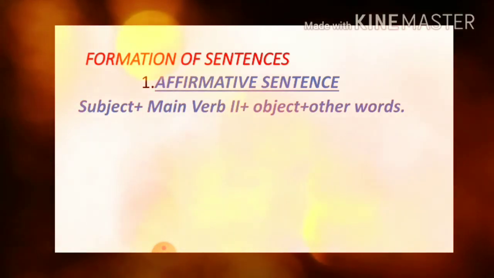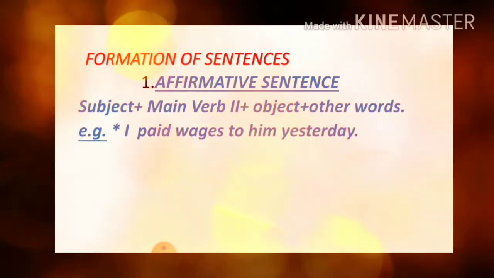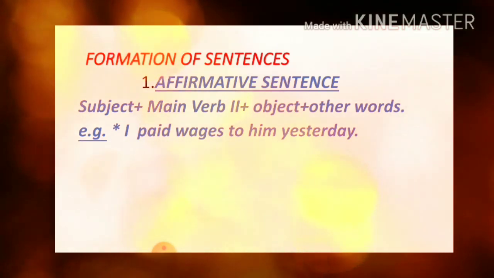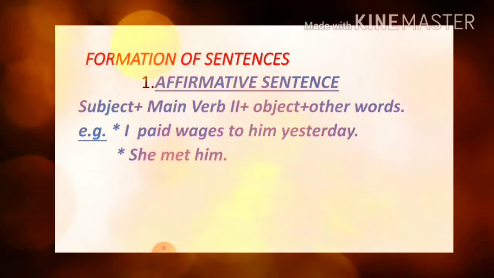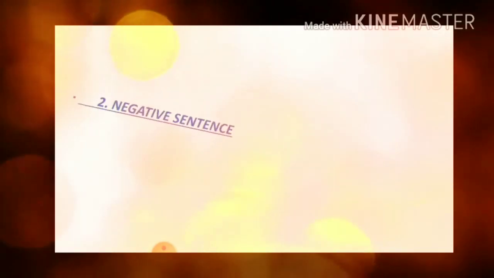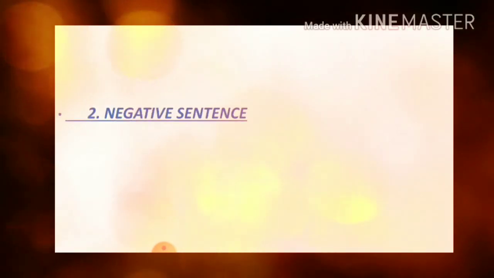After it, object and other complementary words. For example, I paid wages to him yesterday. So paid, the second form of pay, is used with I. She met him. This is the second form of meet.